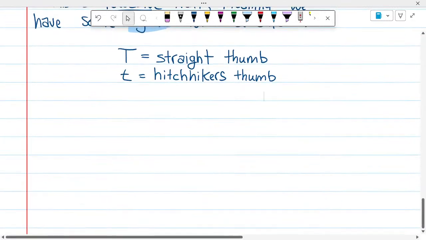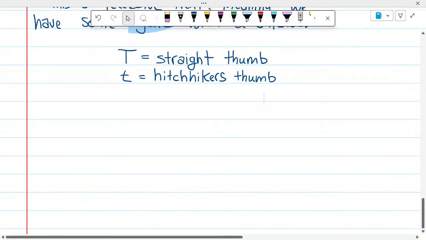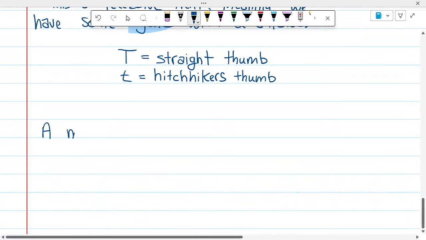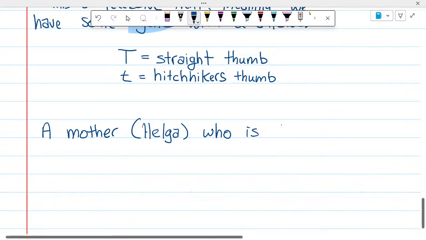So in this case, let's say we have a mother. Let's give her a name. Let's go with Helga. I don't know how to spell it. Helga is crossed with, which, when you start talking about people being crossed with, sounds a little bit euphemistic.